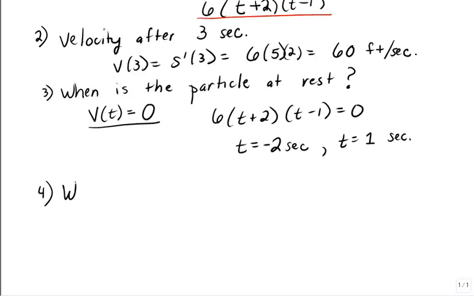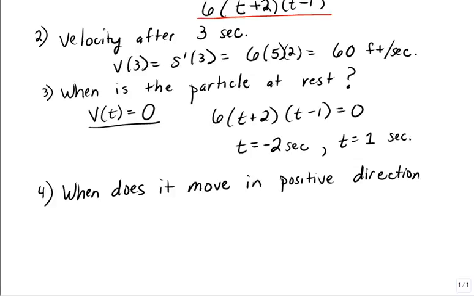Okay, when does it move? When does the particle move in the positive direction? So it's moving in the positive direction when v is greater than 0. When the velocity is greater than 0, it's going to move in the positive direction.